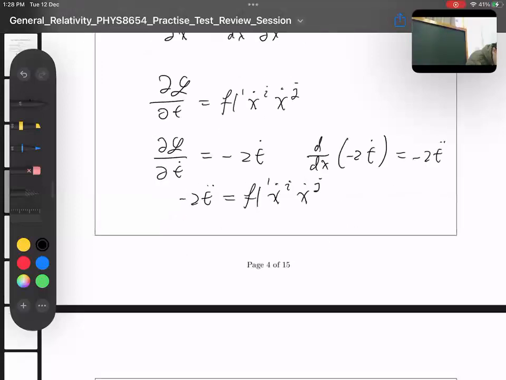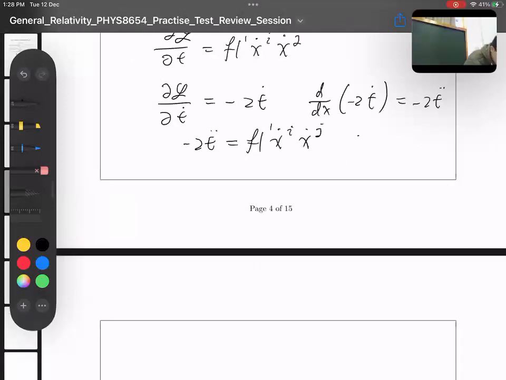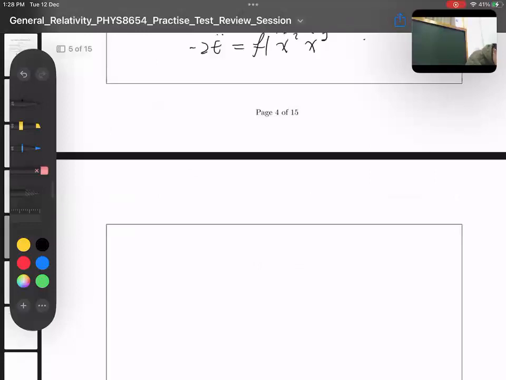So t double dot is, so I'm going to write it in this way, I'm going to write it down here. So t double dot plus h prime over 2 is equal to x dot I and x dot j.